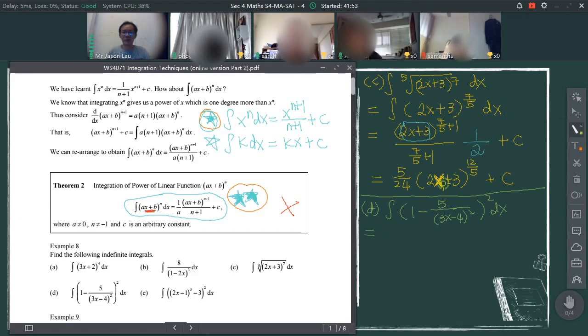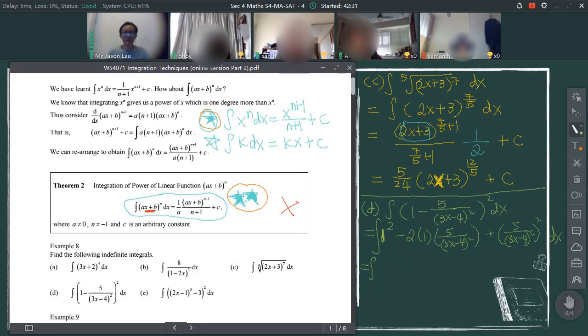No choice, we do expansion. Okay, a squared minus 2ab plus b squared. You have to expand, then put the integration sign throughout.